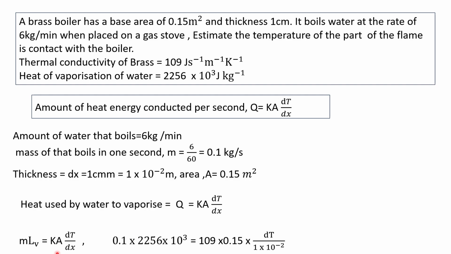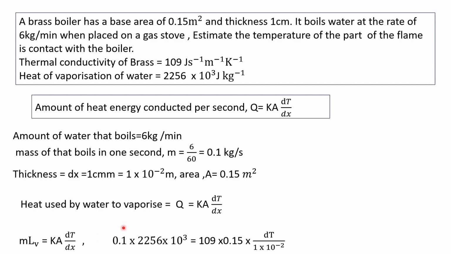Now, the heat used by m kilogram of water to vaporize is given by m into Lv. So we can equate the two equations, that is m Lv equal to KA dT by dx. The amount of heat absorbed by water is used for vaporization of water. So m Lv is equal to KA dT by dx.